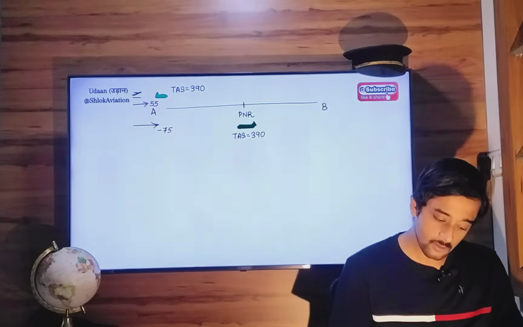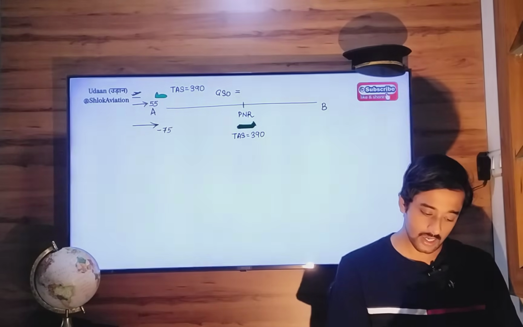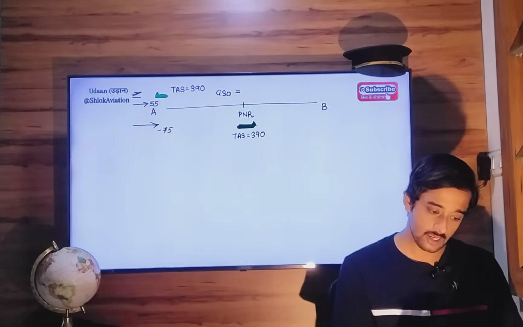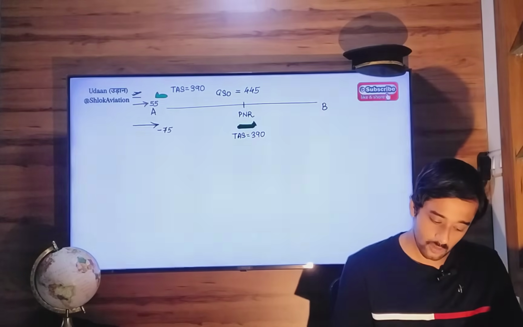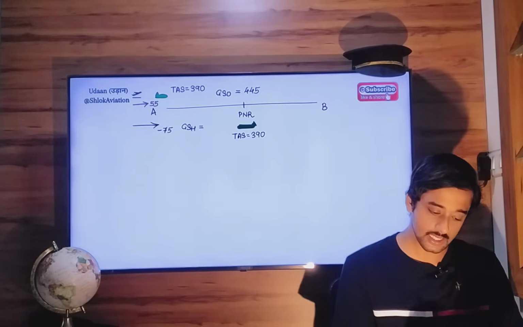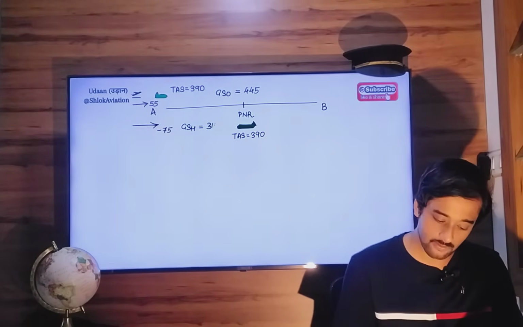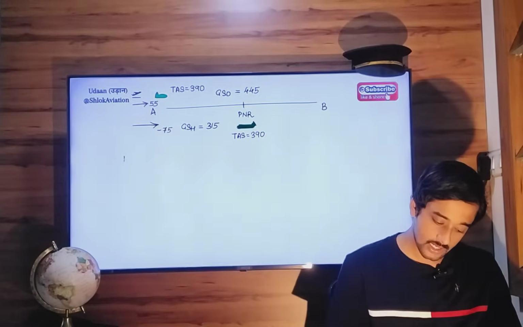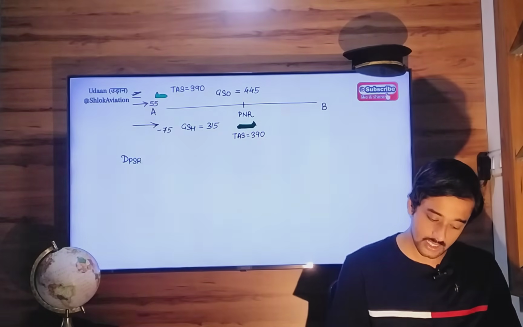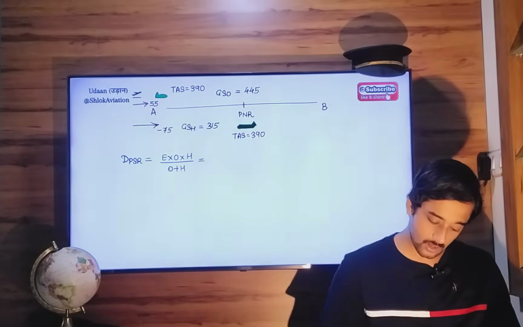So outbound ground speed will be TAS plus tailwind. So 390 plus 55, 445. Inbound ground speed will be TAS 390 minus 75, that is 315. So the distance to the point of safe return is endurance into outbound into homebound divided by outbound plus homebound.